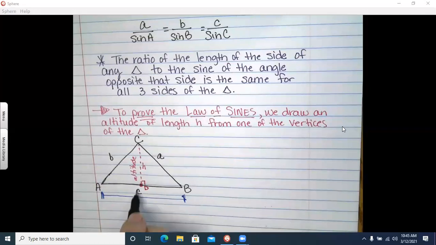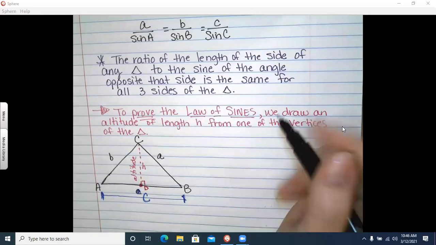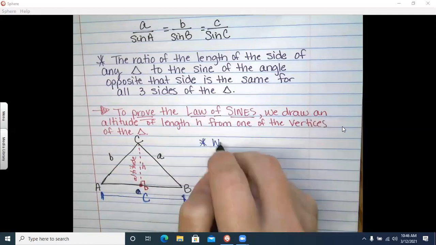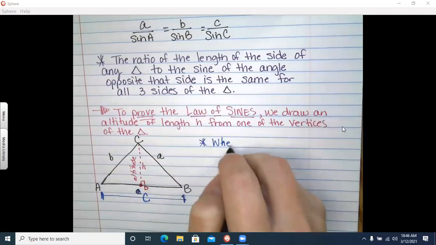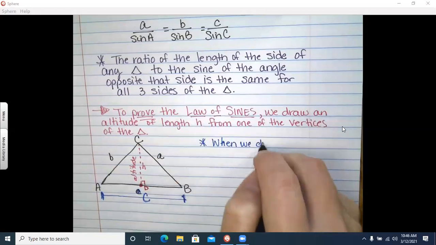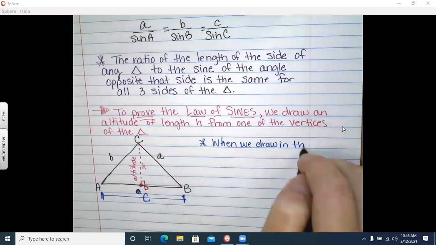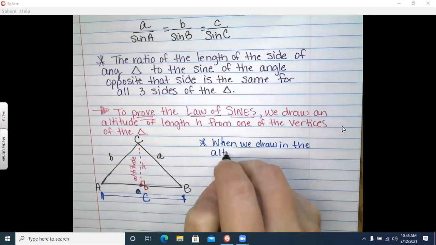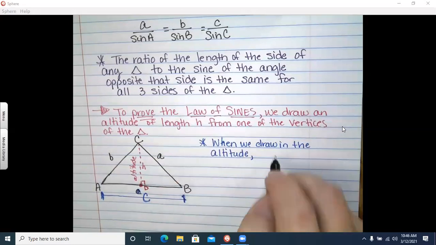So I formed another triangle, right? I have the length of AD and the length of BD. c is the length of AB. So did we not just form two smaller triangles that are both right triangles, right? Okay. So when we draw in the altitude, two smaller triangles are formed.